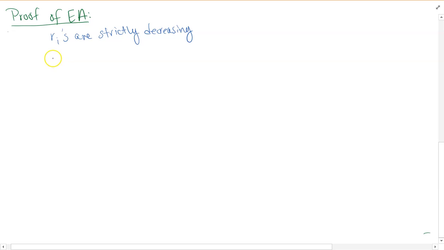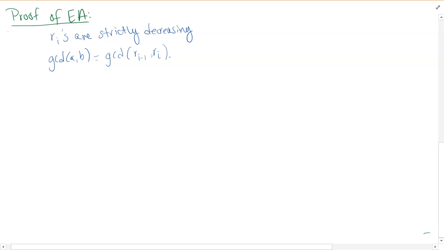If we start with the GCD of A and B, this part of the proof is kind of straightforward. In terms of our terminology, according to the structure of the proof, this is the GCD of R_{i-1} and R_i, because we started with i equal to 1.